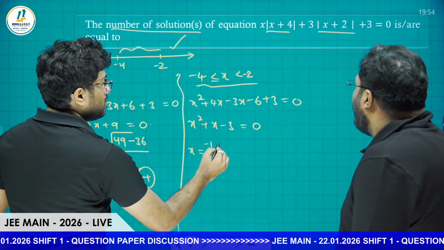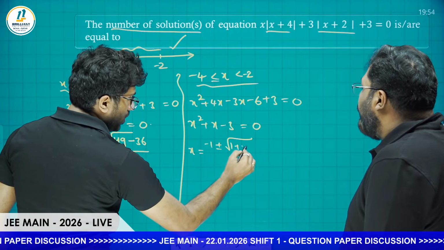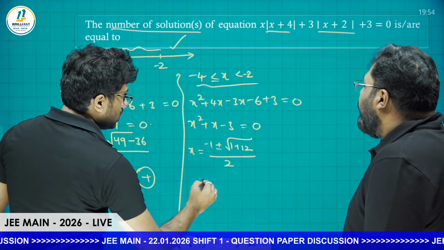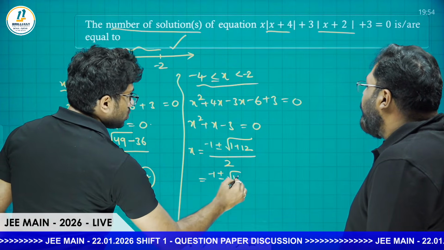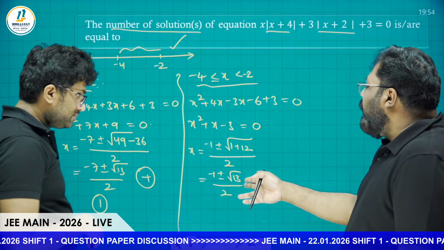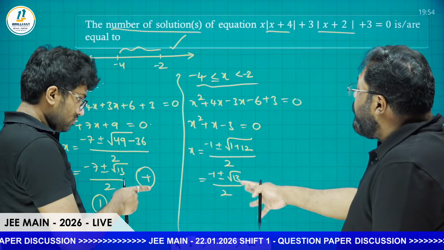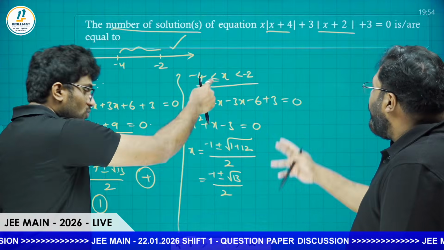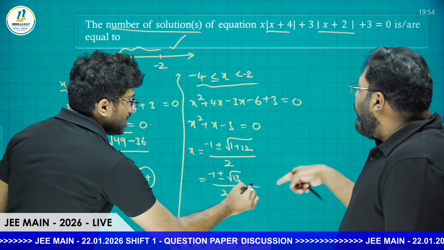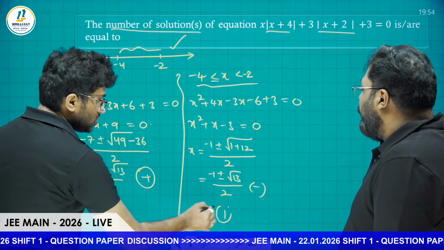Again, minus b plus or minus root over b square minus 4ac, which is 13, divided by 2: minus 1 plus or minus root 13 by 2. Root 13 is going to be something around 3 point something. So minus 4 by 2 is minus 2. If you take minus, the value will lie in between; positive will go beyond. Again, one more solution here.